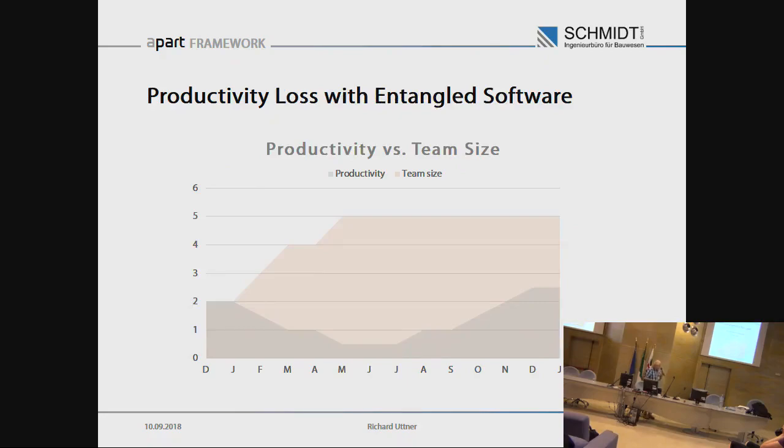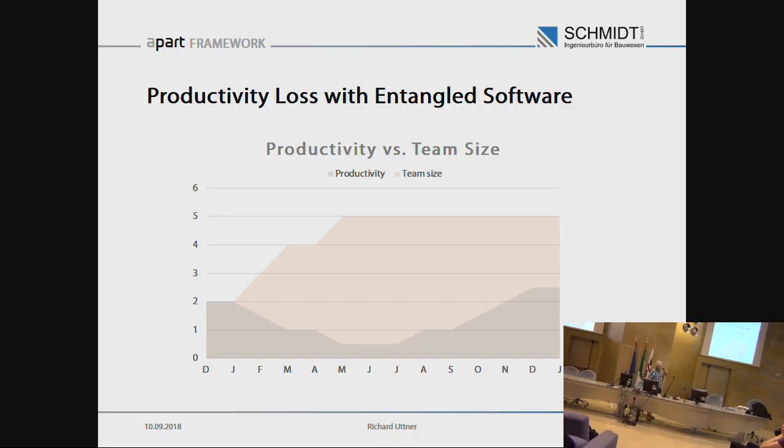But there is one further reason to avoid entangled software, and that's what I've drawn in the next diagram. This is a fictional scenario where we have the y-axis as the team size and the x-axis as the time in months to illustrate the idea I want to show.